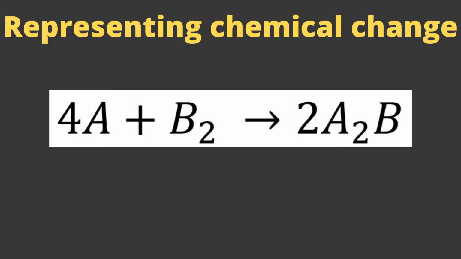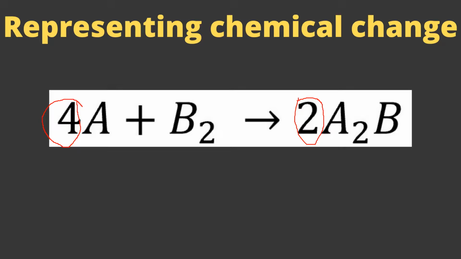As I've mentioned, when we represent chemical change, we write what we call a chemical equation, and that chemical equation has to be balanced. We balance it by first checking and then adding these numbers in front of our compounds or elements.